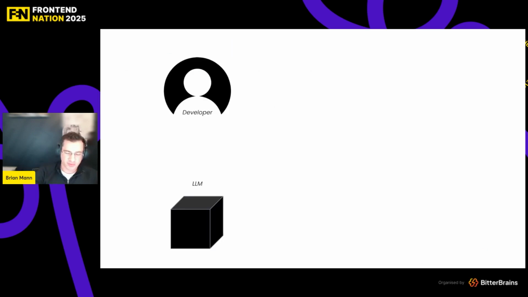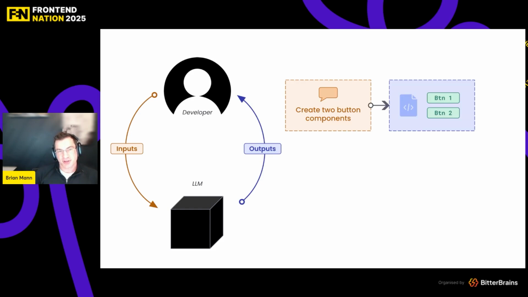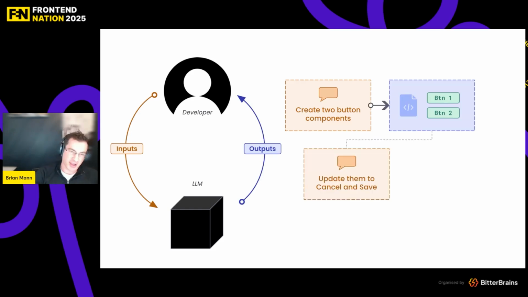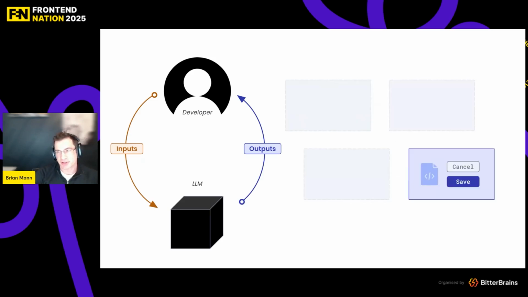And just a quick, simple illustration of inputs and outputs: when we classically work with Cursor, we're giving it inputs. So, hey, Cursor, create me two button components. Then Cursor hands back the outputs, the code that produces that. And then you may interact with it, right? You may tell it to update that code, and it's going to go ahead and update those outputs. But ultimately, only the outputs get checked into source control.